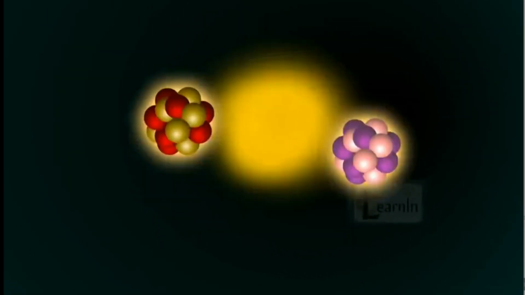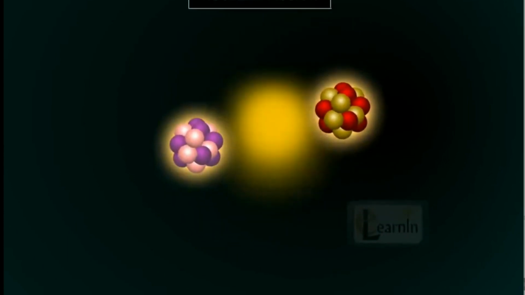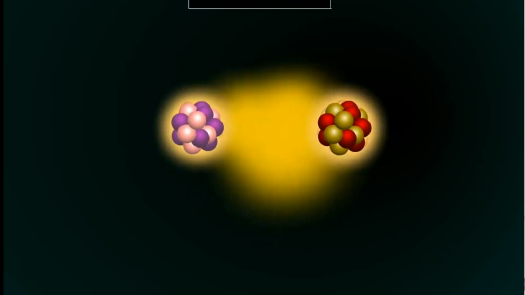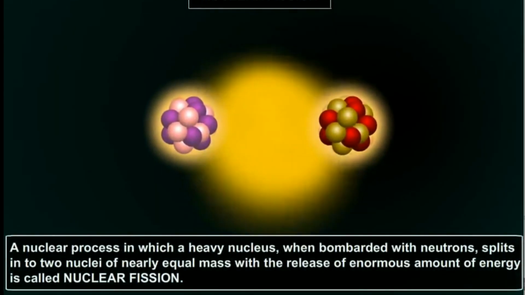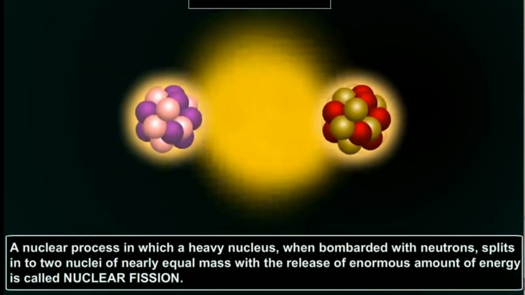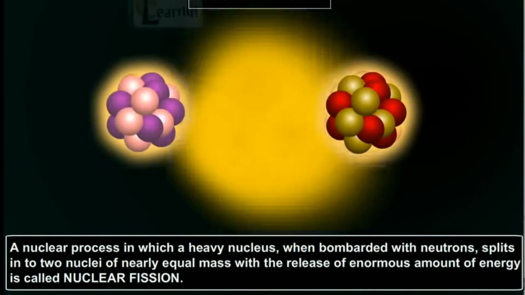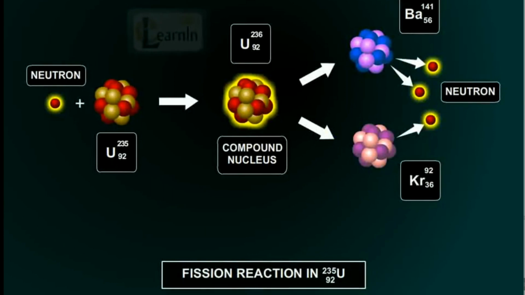We know isotopes: the number of protons is the same, the number of neutrons is different, and they are called isotopes of each other. There is a conversion of uranium-235 into uranium-236 by bombarding the neutron.